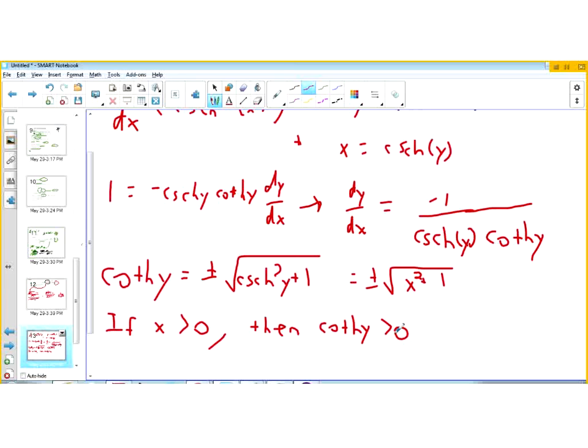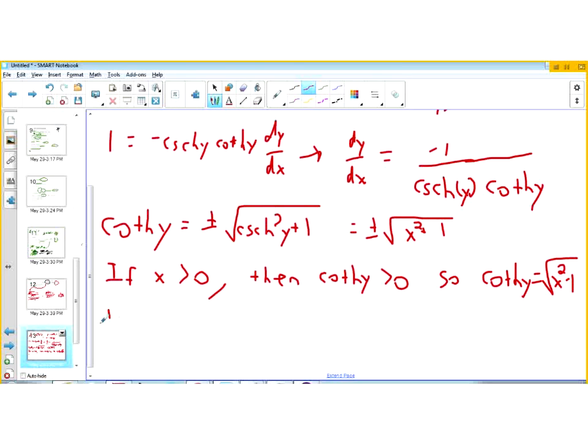Okay, and so you can demonstrate that by graphing it, looking at the graph of the inverse hyperbolic cosecant function. And so that being the case, then the hyperbolic cotangent of y is equal to the plus part. Okay, square root of x squared plus 1.